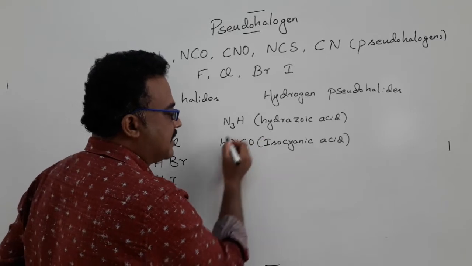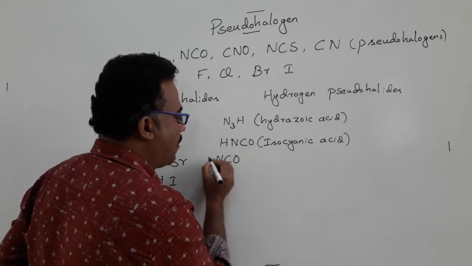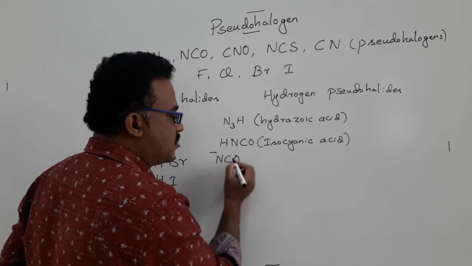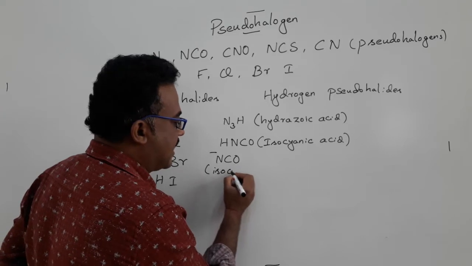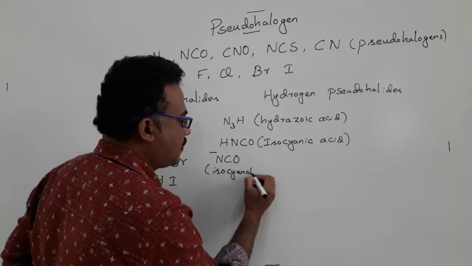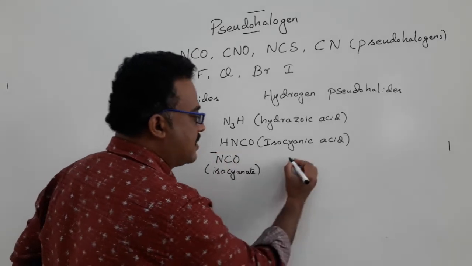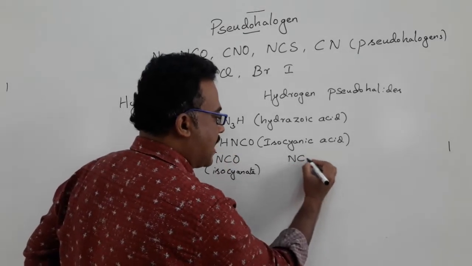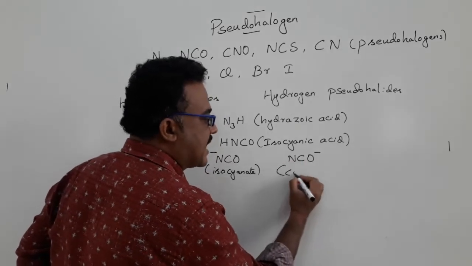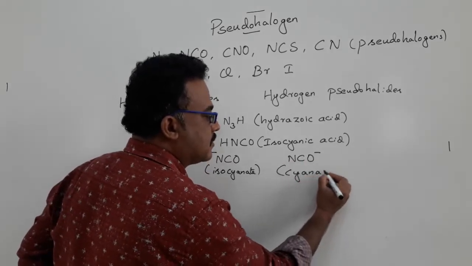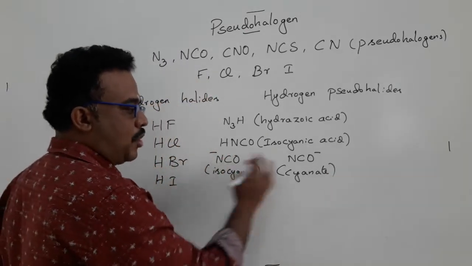For example, the anion NCO minus, with the negative charge on nitrogen, is called isocyanate. If the negative charge is on the oxygen atom, it is called cyanate. Hope you understand the difference between these two compounds.